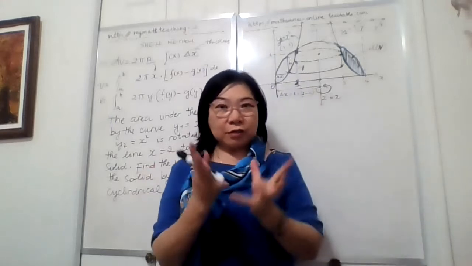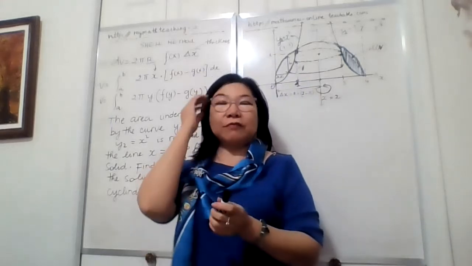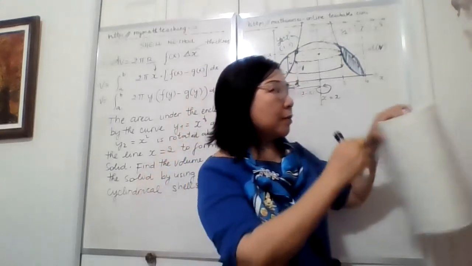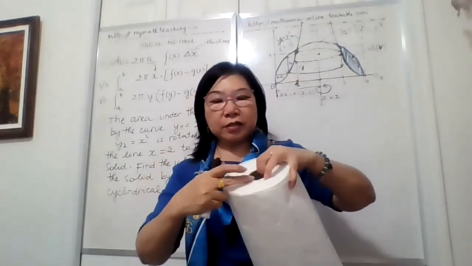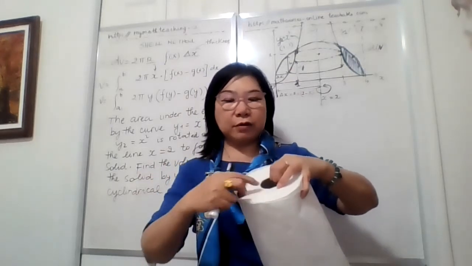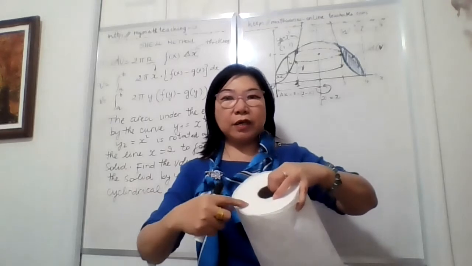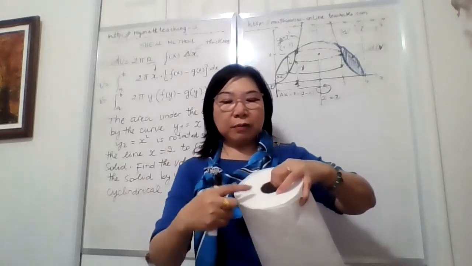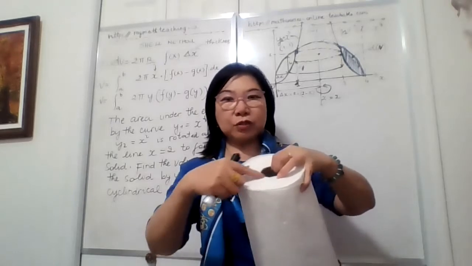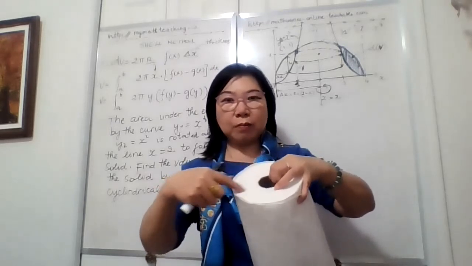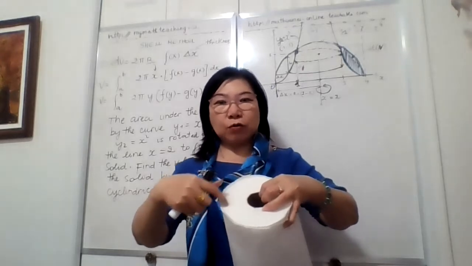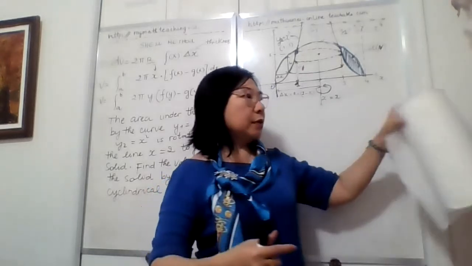That is the surface area, not the volume. To form the volume, we have to multiply by the thickness of the shell, since we have so many layers revolving from here to here. After we have the surface area established, we multiply by the thickness of the shell, then we get the volume.